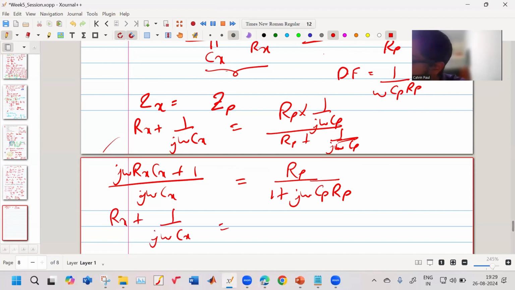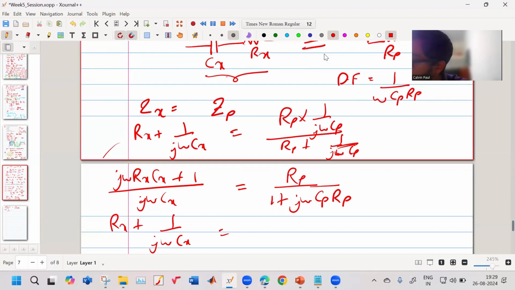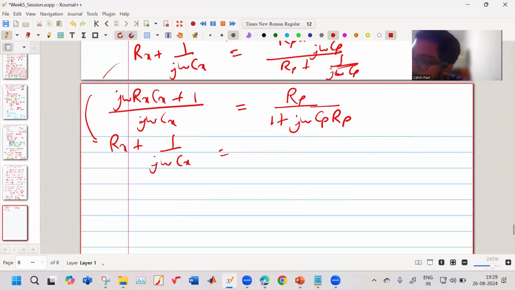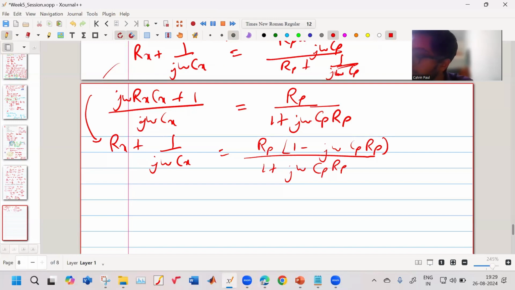So then I have to do the complex conjugate over here. So that is equal to Rp into 1 minus j omega Cp Rp upon 1 plus j omega Cp Rp into 1 minus j omega Cp Rp.